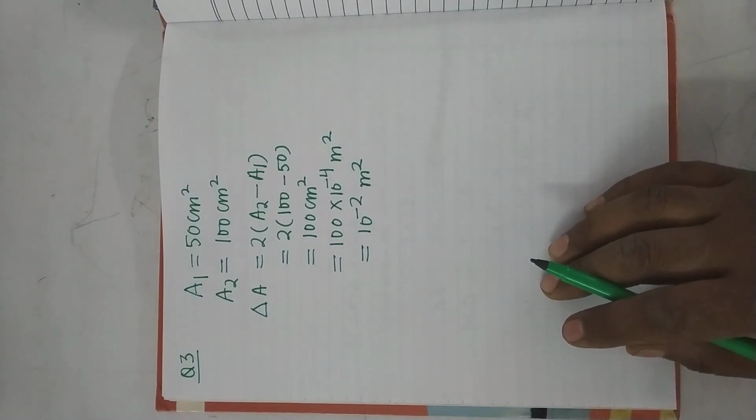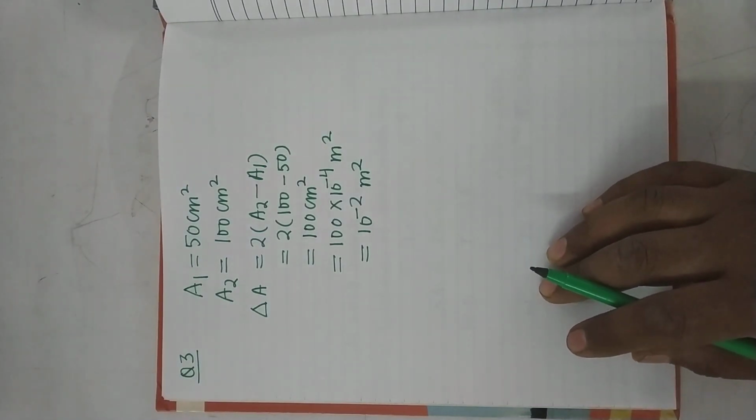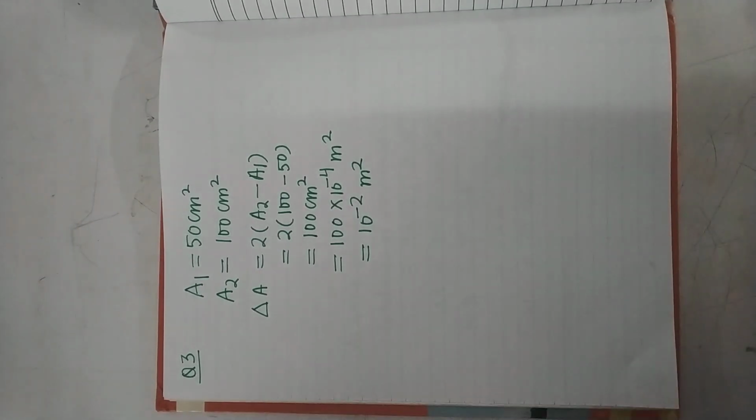In the question it is given that in increasing the area of a film of soap solution from 50 centimeter square to 100 centimeter square, this work is done. Work done is 3 into 10 to the power minus 4 joule.